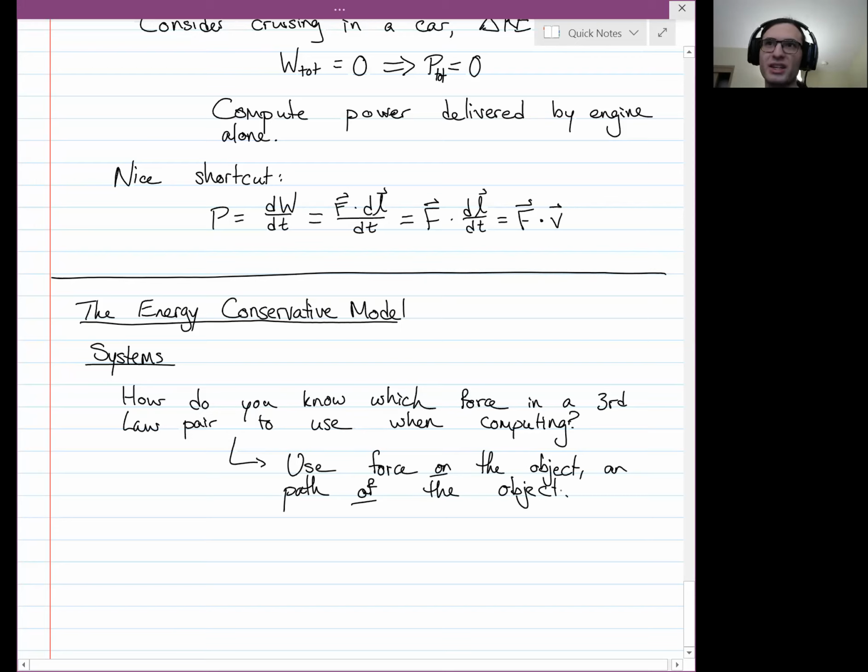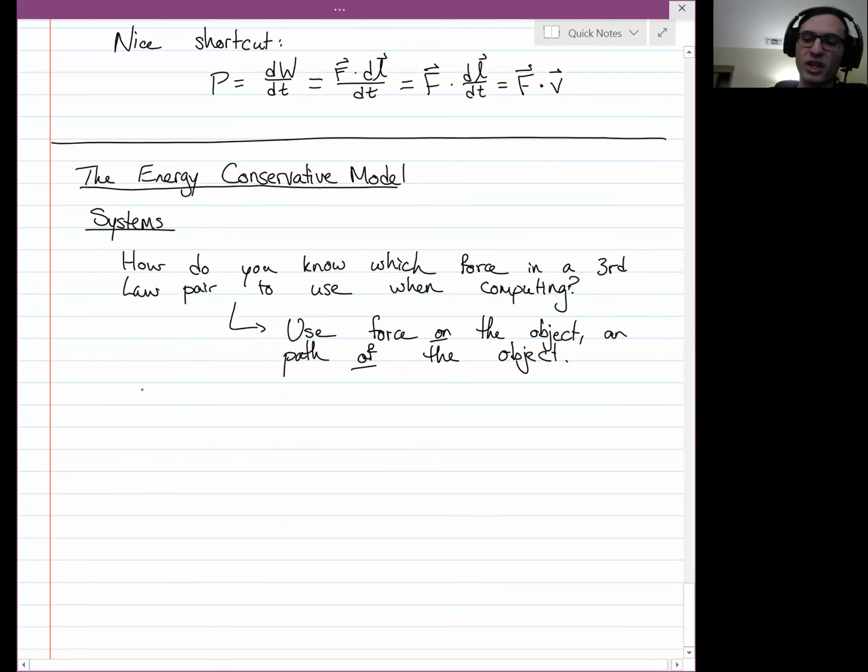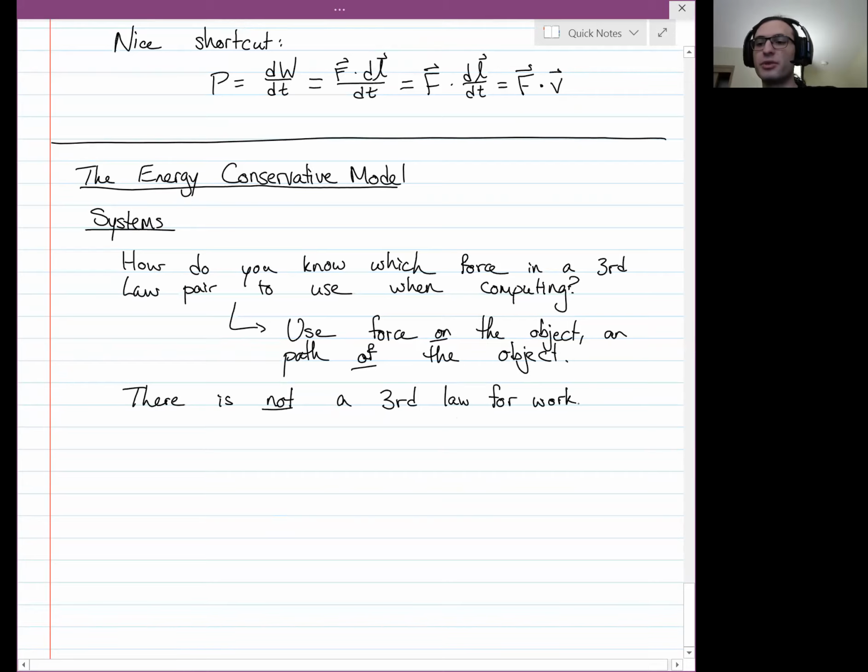The point being is that if you had chosen the wrong force, you would have gotten the wrong answer. You would get the negative of what you were supposed to get, because the forces are equal in magnitude and opposite in direction. But something to keep in mind is that there is not a third law for work. I.e., if one object exerts a force on another object and thus does work, the second object does not necessarily do the same amount of work on the first object.